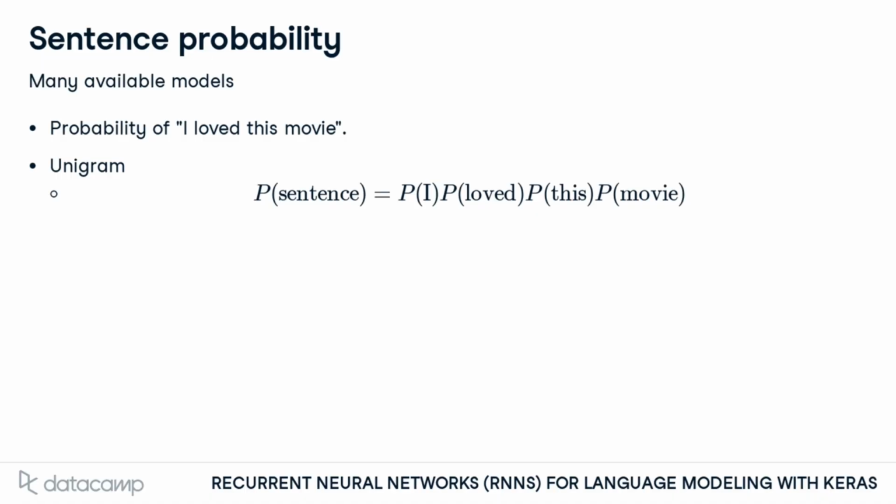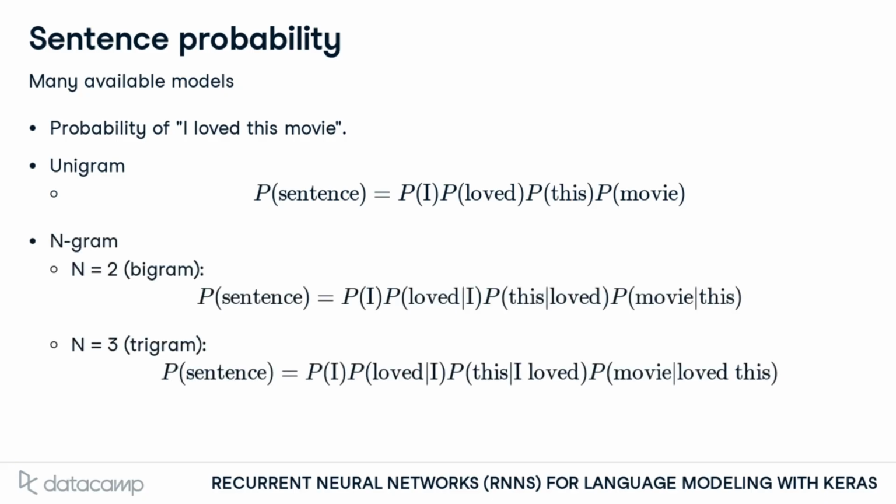Unigram models use the probability of each word inside the document and assume the probabilities are independent. N-gram models use the probability of each word conditional to the previous n-1 words. When n equals 2, it's called bigram, and when it's equal to 3, it's called trigram.